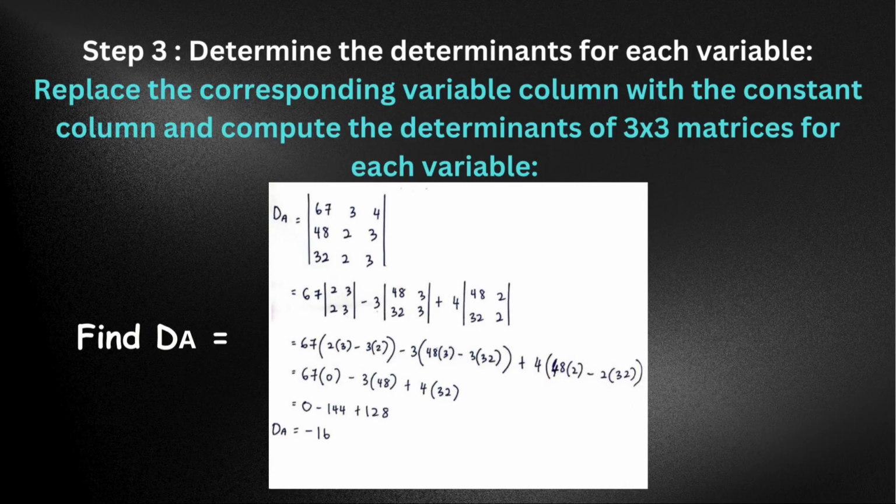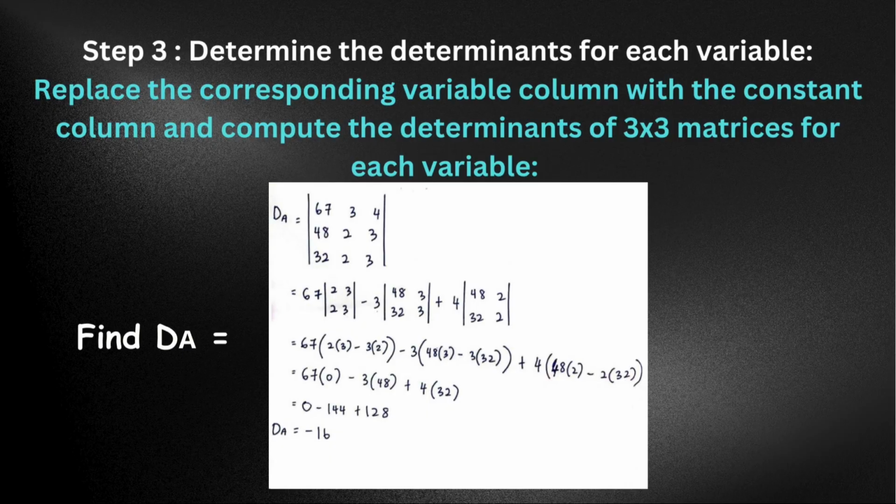Equal 67 times all in the bracket, which is 2 times 3 minus 3 times 2. Negative 3 times all in the bracket, which is 48 times 3 minus 3 times 32. Plus 4 times all in the bracket, which is 48 times 2 minus 3 times 32.